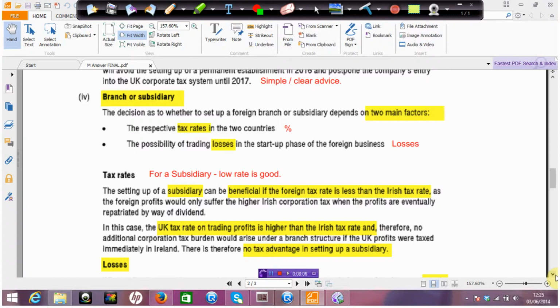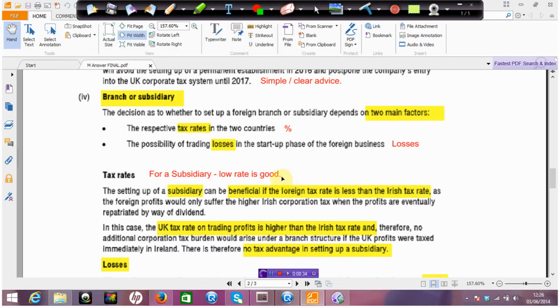What are the tax rates, etc.? So you'll see listed here those 2 main factors, and you will have picked up on those, I hope, from the quiz. These two main factors for consideration for an Irish entity are the tax rates in the foreign country. Is it higher or lower than in Ireland? And in addition to that, is it going to be profitable or not? Are there going to be losses?